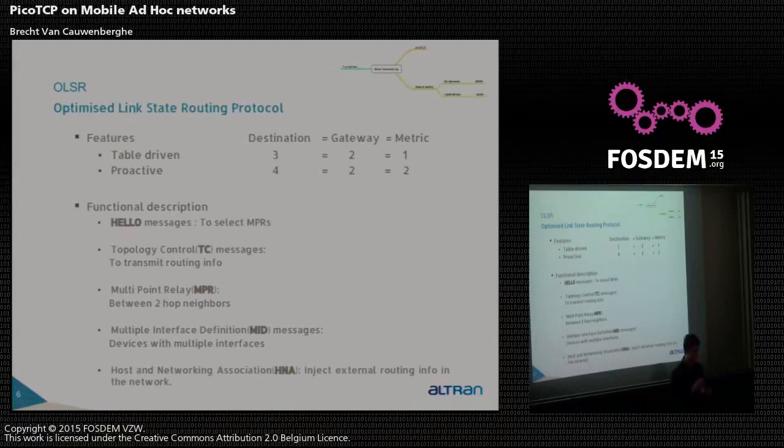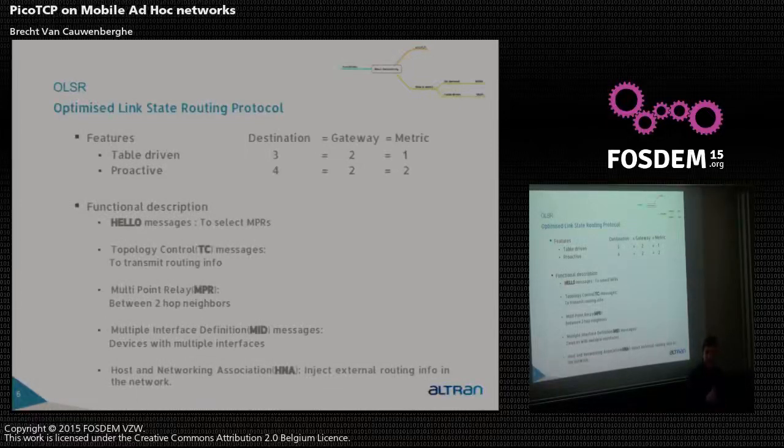Now, how does it functionally work? Each node has the same intelligence inside, and they will send hello messages to all their neighbor nodes. All these neighbor nodes will connect to the other ones and actually select one of their neighbors as a multi-point relay, which is actually sending their topology information with TC messages to the rest of the network.